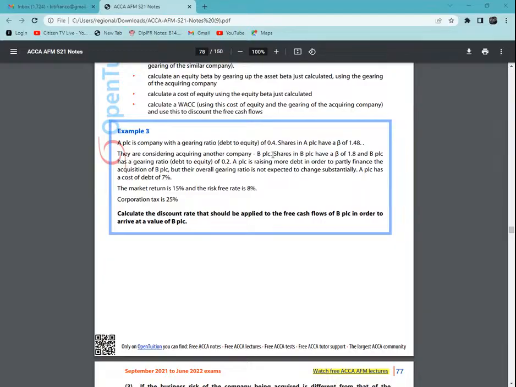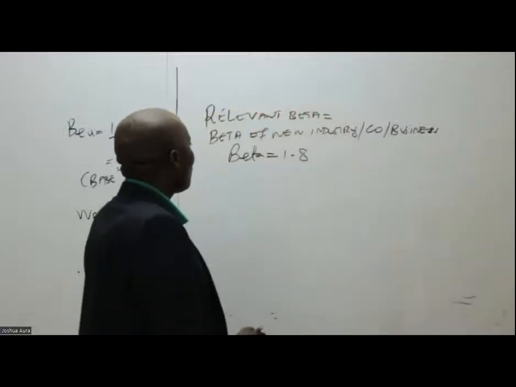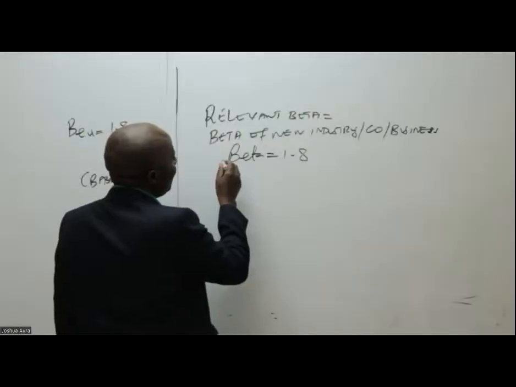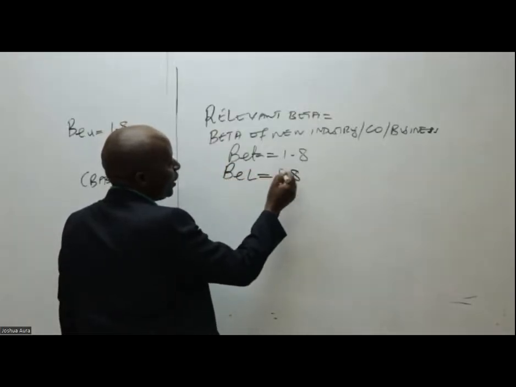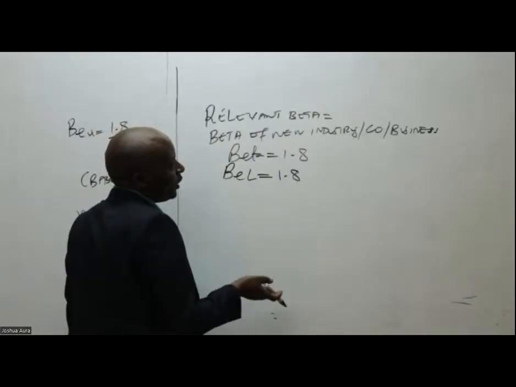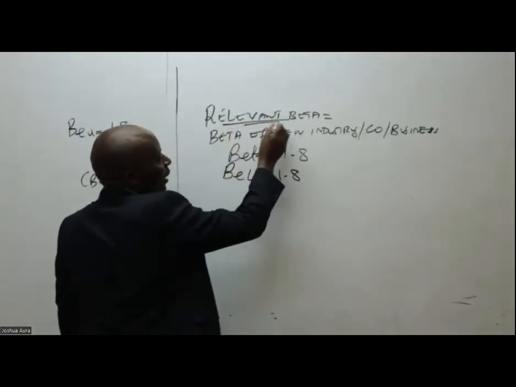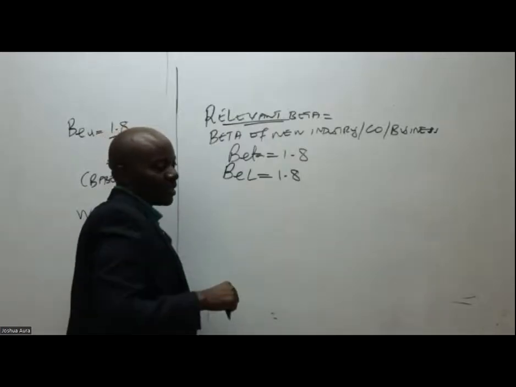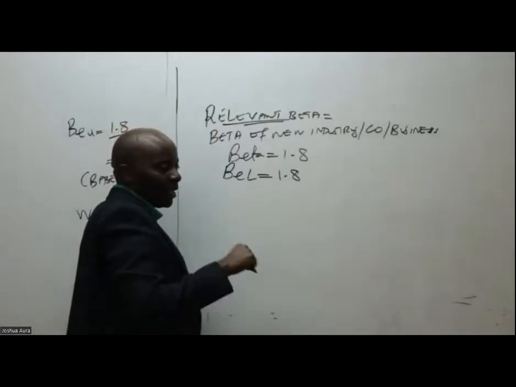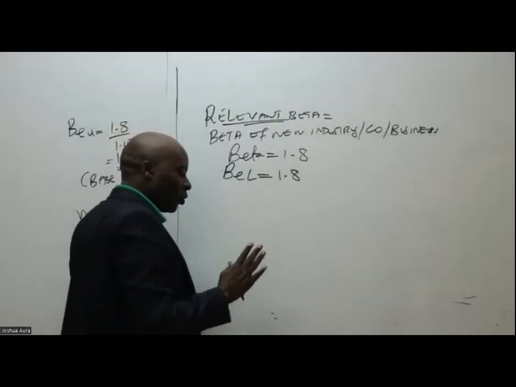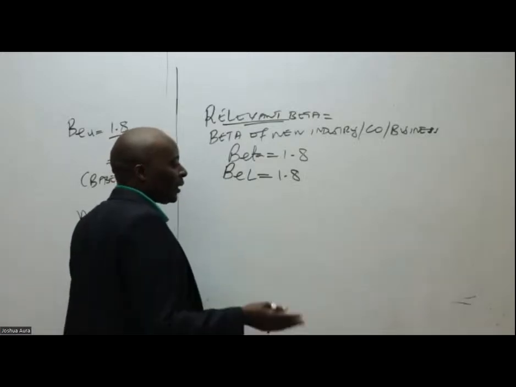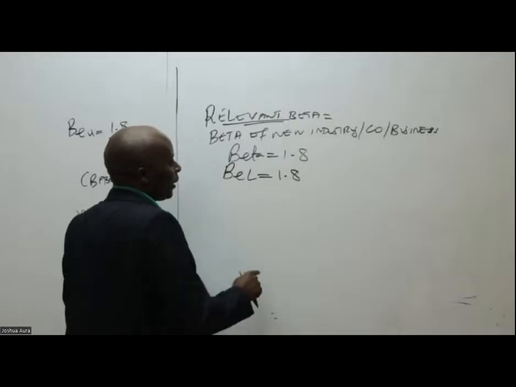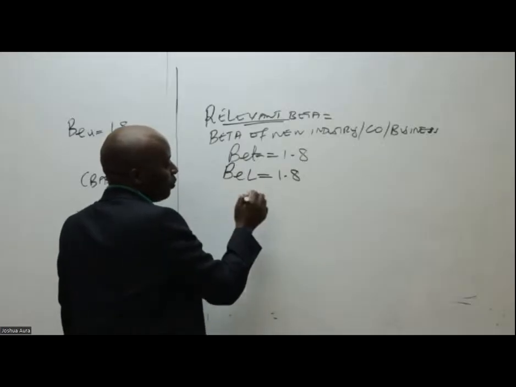If it's a levered firm, then this beta is beta equity of a levered firm, which is 1.8. And the concept is very easy: this relevant beta has to be ungeared, so that when this firm goes to the new industry, they can decide later to bring in debt, and what percent. First of all, this has to be changed to BEU.